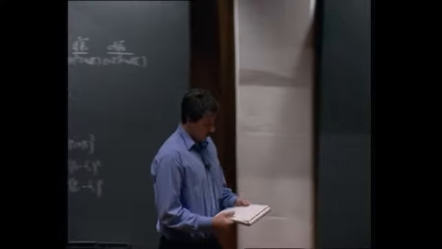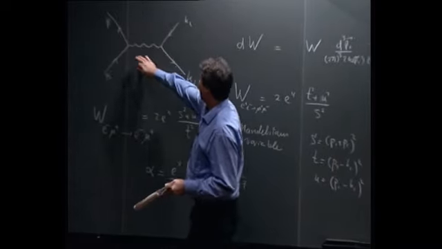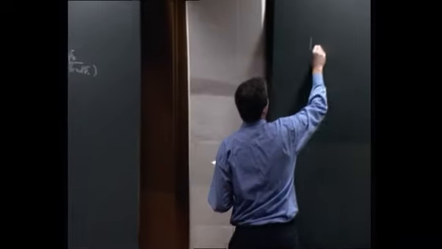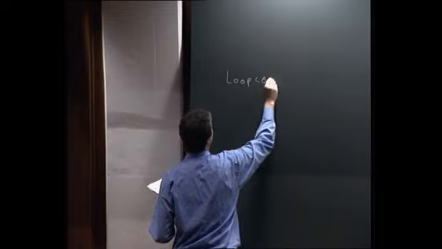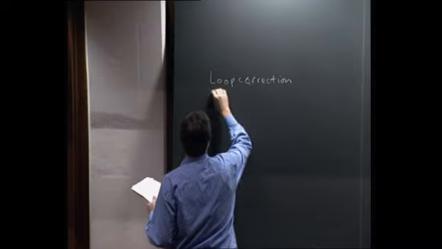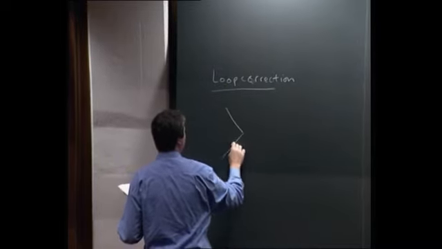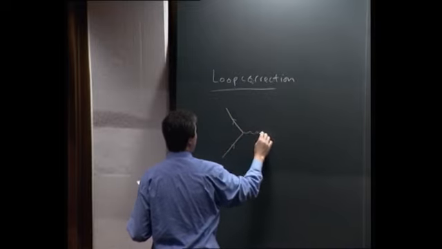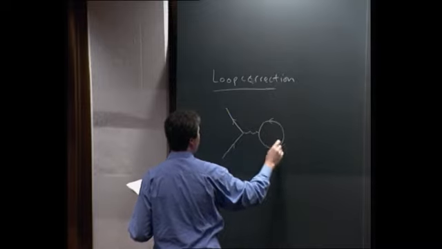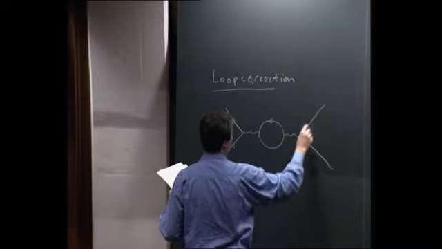So the corrections which I want to include now are these loop corrections that affect these diagrams. So there must be a loop correction which looks like this, where we have these incoming lines, then the photon propagator with an internal loop, and the outgoing lines.